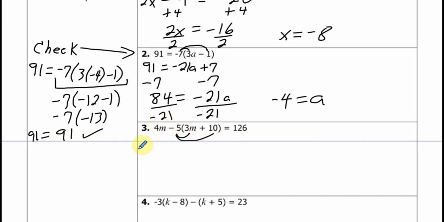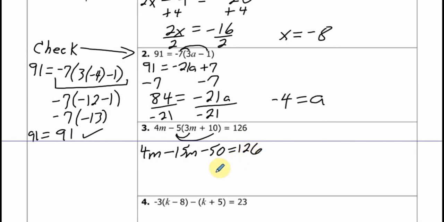So I'm not doing anything to the 4m. There's nothing in front of it. Negative 5 times 3m, it's negative 15m. Negative 5 times 10, negative 50. Nothing happens to the right side.